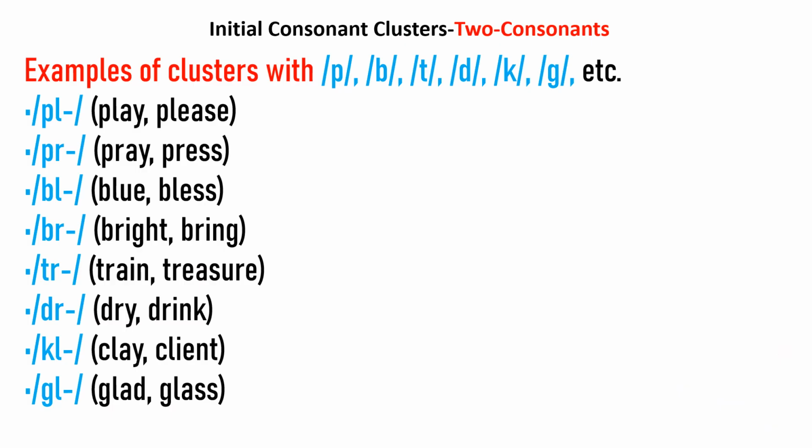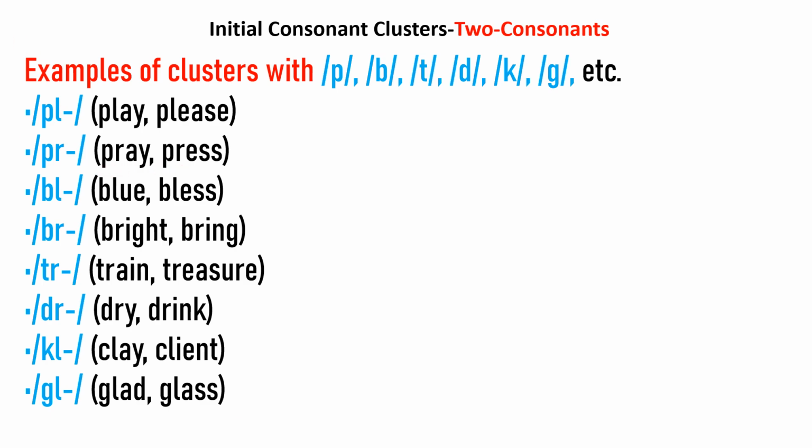Okay. So let's see initial consonant clusters. So let's see two consonants examples. So with the clusters with p, b, t, d, k, g. So with p: play, please, pray, press.